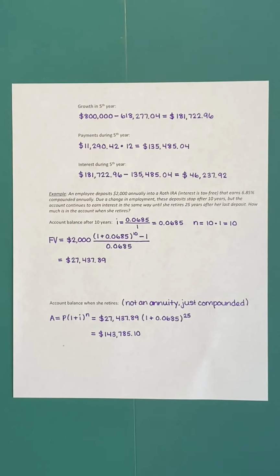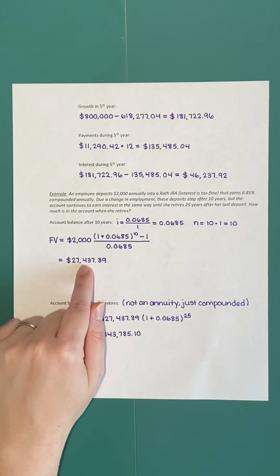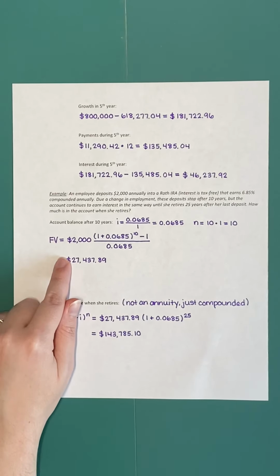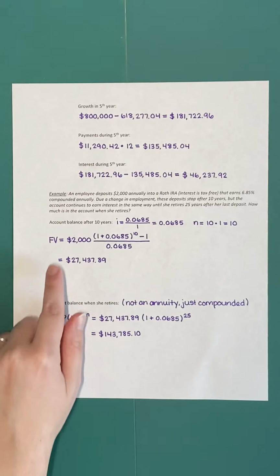She added a total of $20,000 of her own money and made about $7,500 in interest, right? Whereas once she just had this money in the account and just let it sit, she went all the way from $27,000 to close to $144,000. But what happened between these two numbers?